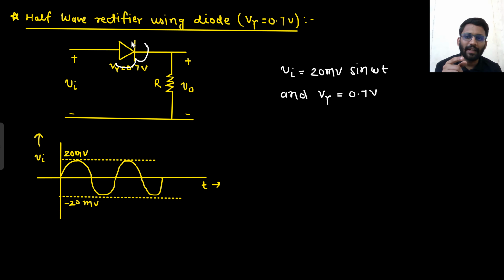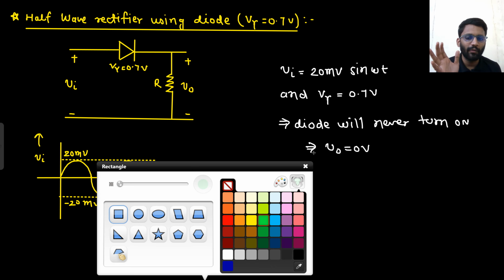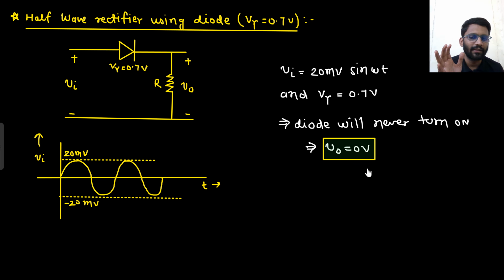So tell me, will this diode turn on? No, the diode will never turn on. So your output will always be 0. Your V naught will always be 0 volt.